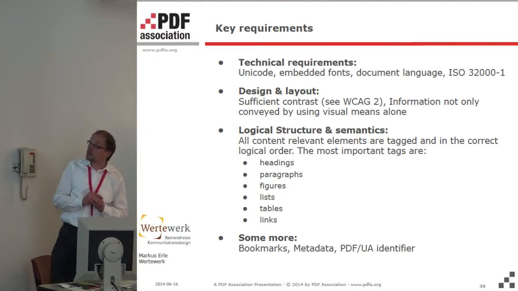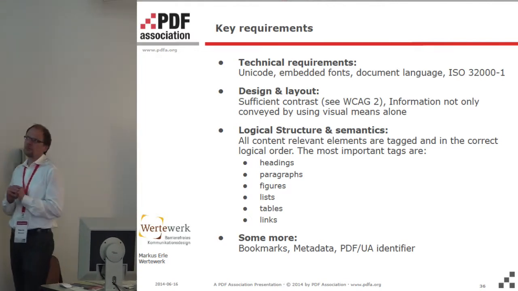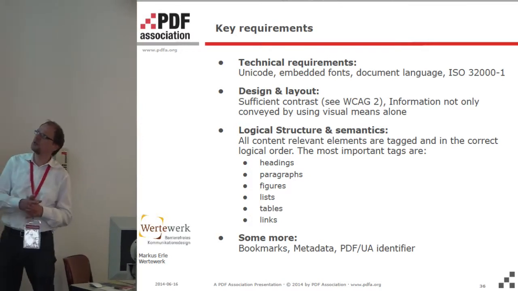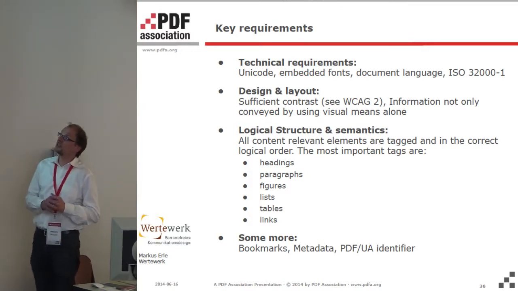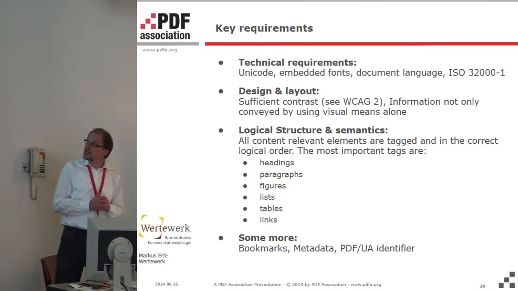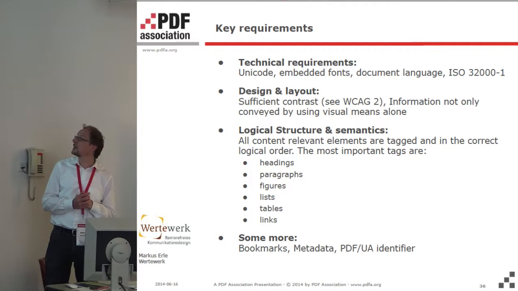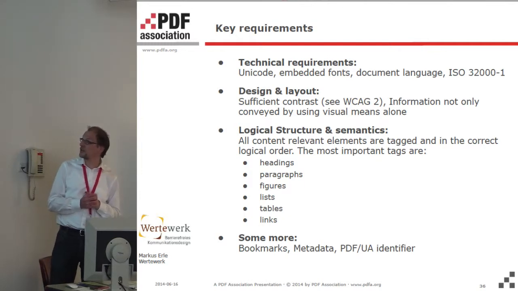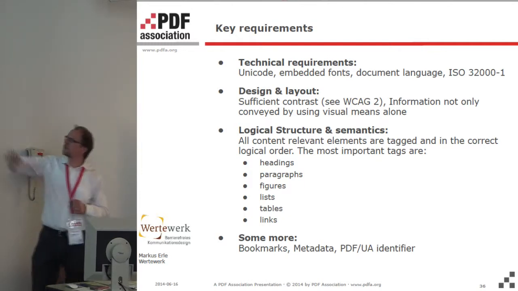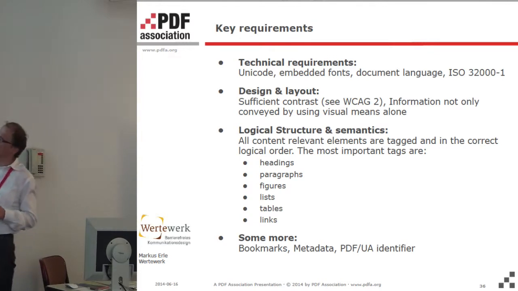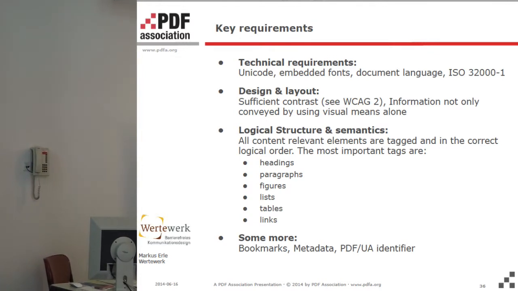And then the most important part of PDF/UA and of an accessible document is the logical document structure and the semantics, and all relevant elements are tagged and in the correct logical order. These are the most important tags: headings, paragraphs, figures, lists, tables, and links.